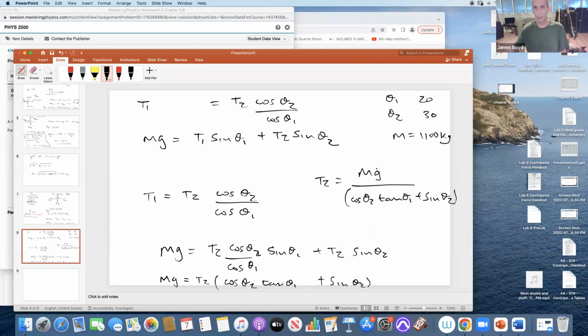Now, I'm going to just put this in my calculator. This is 1100. This is 9.8. 1100 times 9.8, so 10,780 divided by cosine of 30 times tan of 20 plus sine of 30. And I get 0.8152.